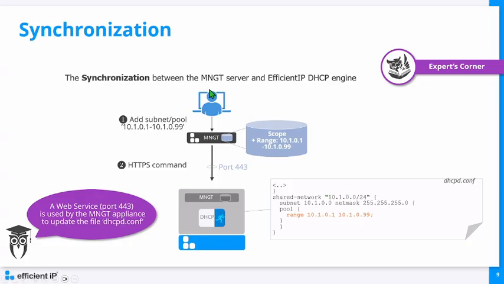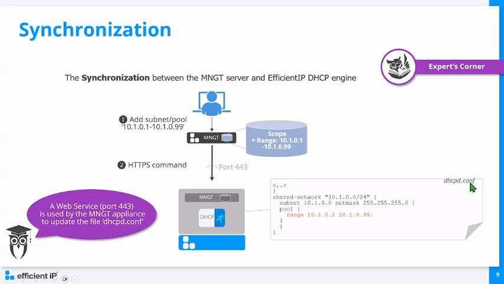So just like in the management server, you add a subnet, which is a scope. For example, you are creating a scope in the DHCP server, right? So the scope will be stored in the management database, and then it will be pushed to the remote DHCP server by updating the config file on the remote DHCP server.